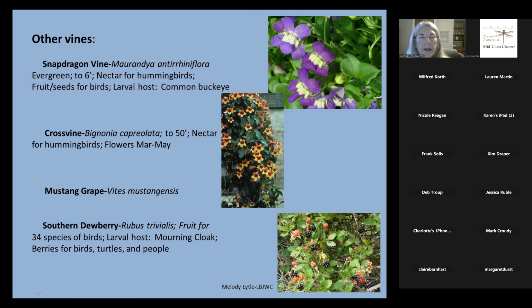The crossvine, however, gets up to 50 feet in length, so you need to have a very sturdy trellis for this. I mean, I'm talking heavy duty wire, but it's a great nectar plant for hummingbirds because it has those tubular shaped flowers. It blooms from about March to May, and then the rest of the year it just stays green.